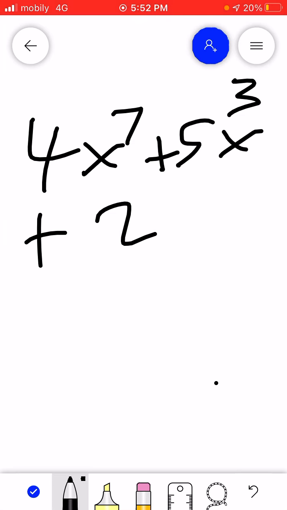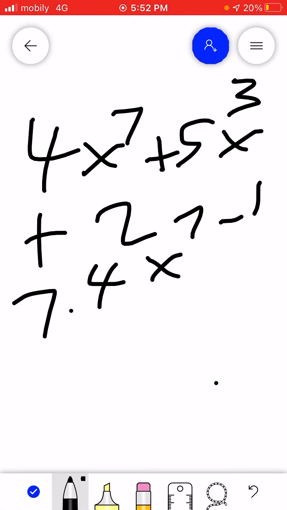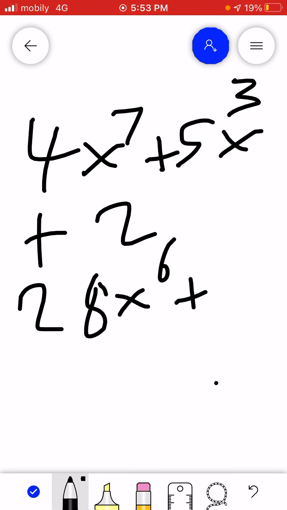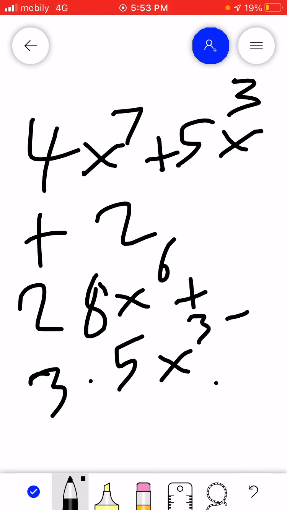All right, let's get to the answer. It's going to be 7 times 4x to the 7 minus 1, which is equal to 28. So the first term is 28x to the 6, plus 3 times 5x to the 3 minus 1, and then plus 0.